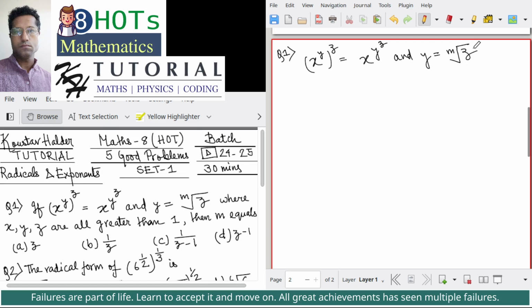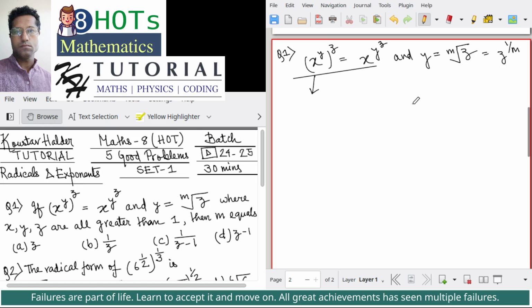It is given that y is equal to the mth root of z, which means z to the power 1 by m. We have to find m in terms of z. Okay, so let's see what we get from this equation. We can see that the base is x.